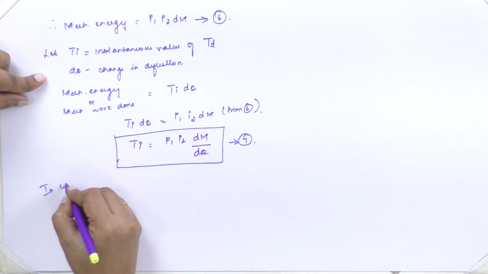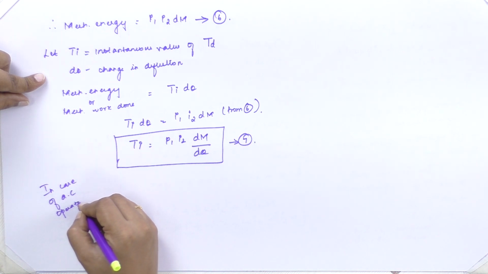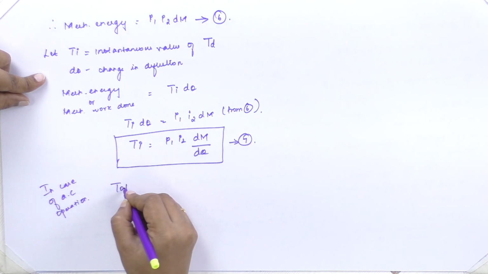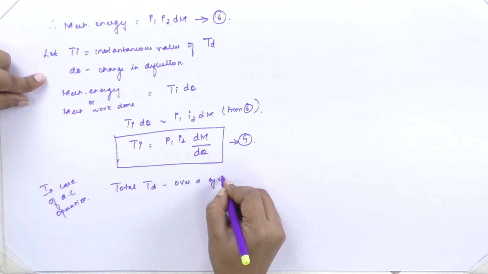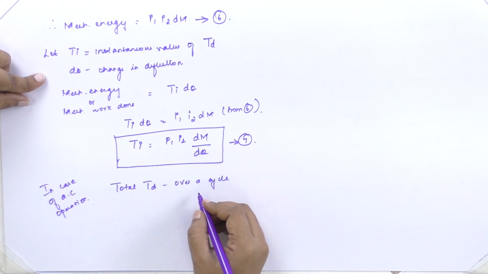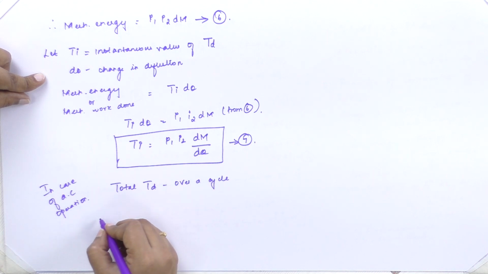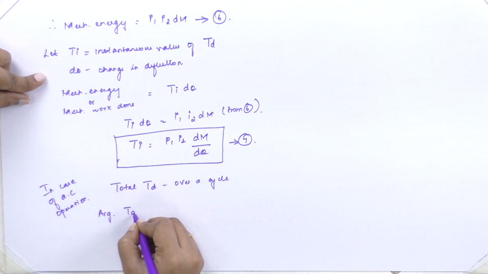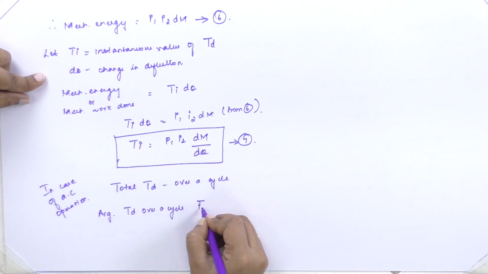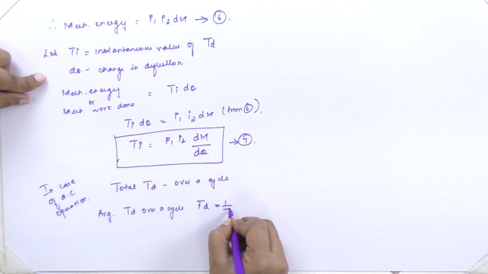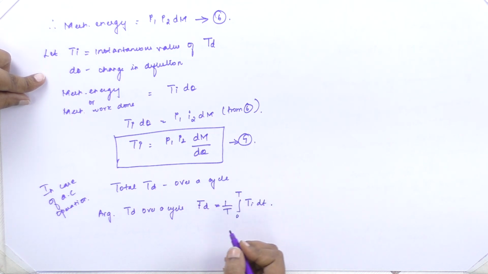So in case of AC operation, the total deflection torque Td over a cycle can be obtained by integrating the value of instantaneous torque. So the average deflection torque over a cycle is given by 1 by T integral 0 to T Ti into dt.